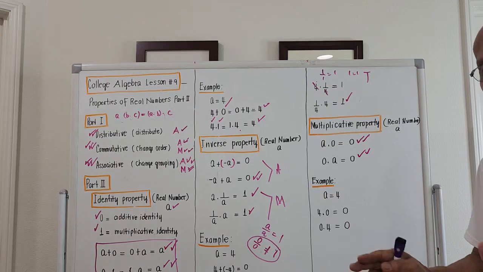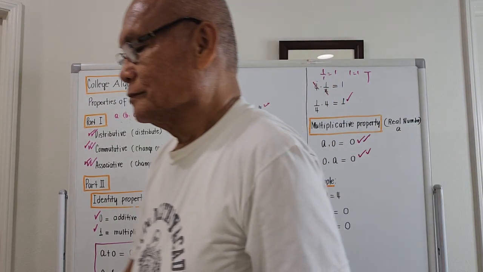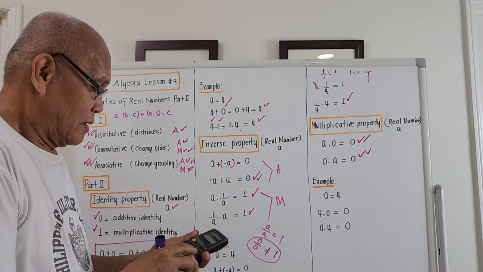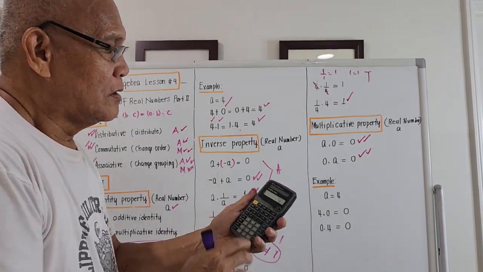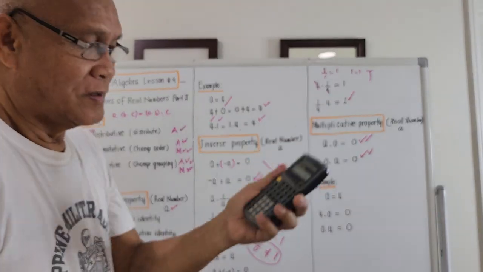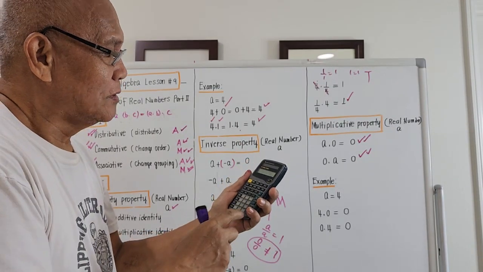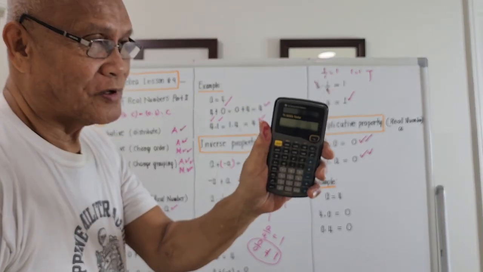Any number, whether plus or minus, multiplied by 0 will be 0. A 4 multiplied by 0 will be 0. A negative 2 multiplied by 0 will still be 0.